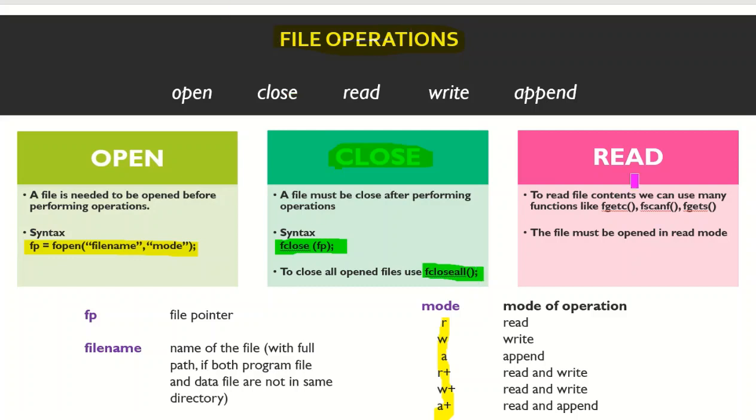The third function is the read function. In read, we can read the file content by using different file handling functions like fgetc, fscanf, and fgets. The file must be opened in read mode while we perform the read function.